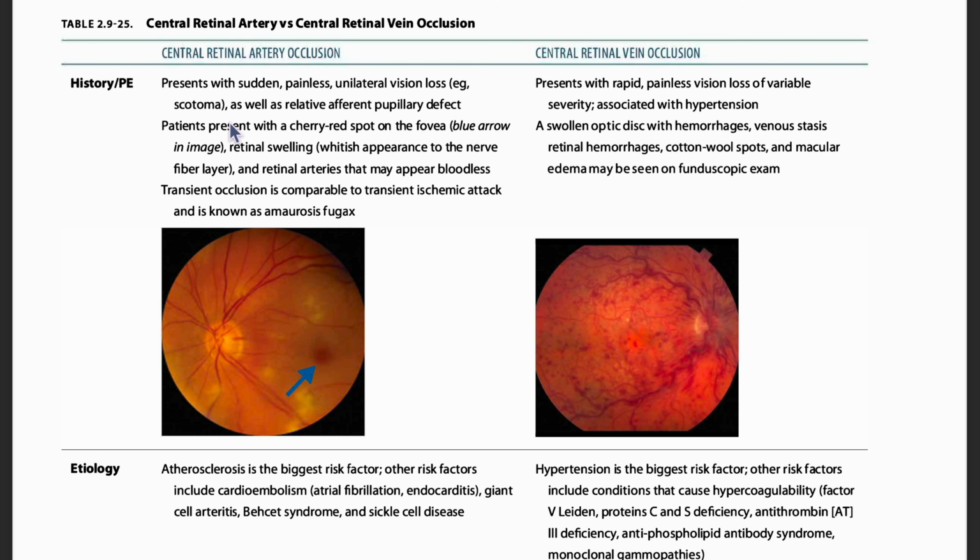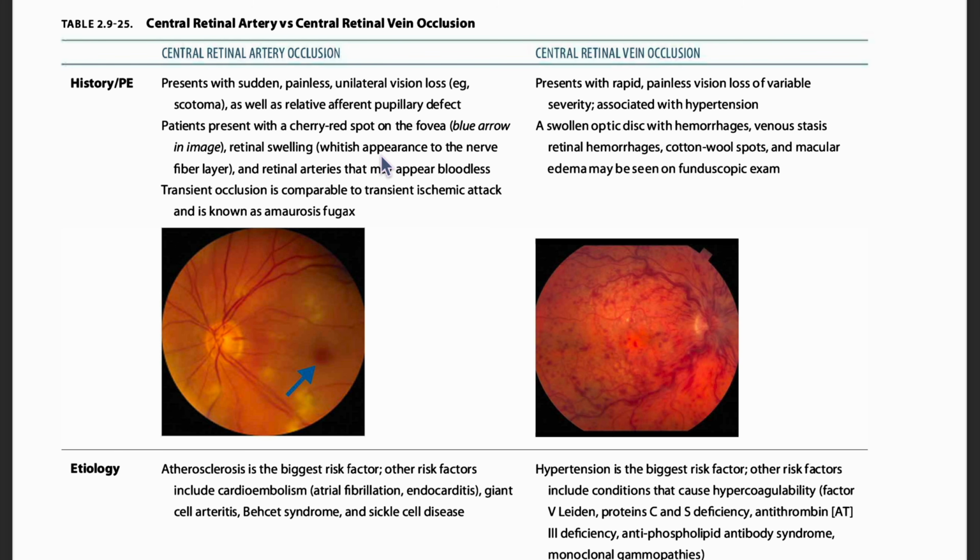Okay, so compare that with the vein. It presents with rapid, similar to sudden, painless vision loss of variable severity, associated with hypertension, and there is a relative afferent pupillary defect.